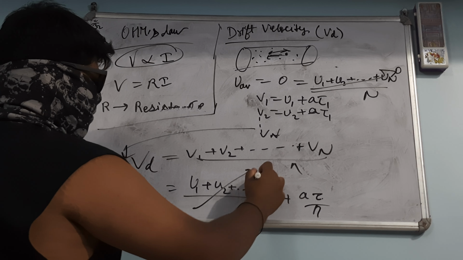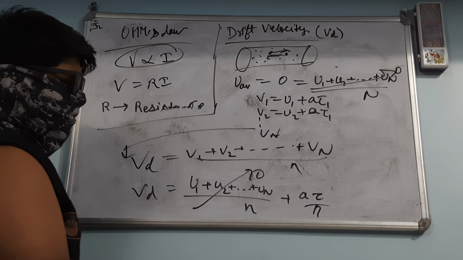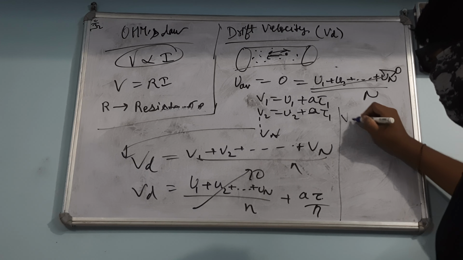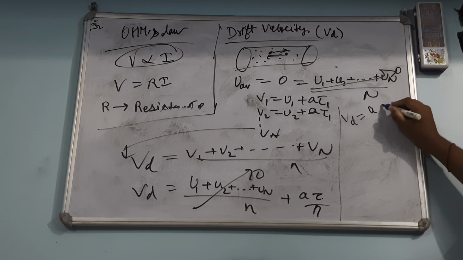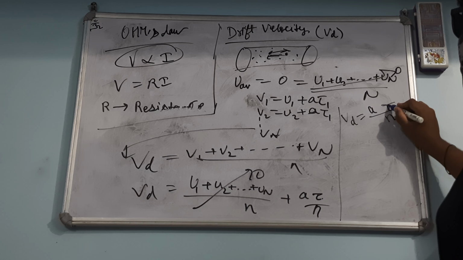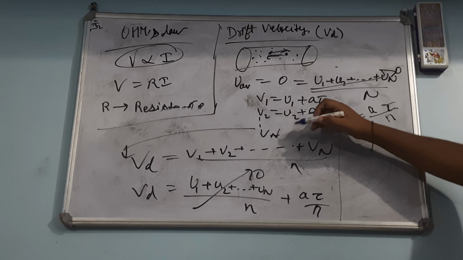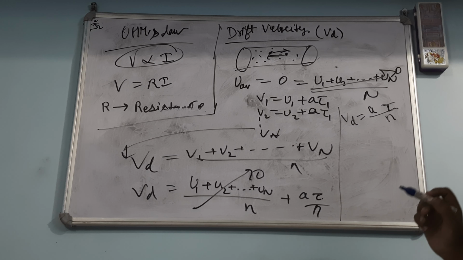So this is 0. So we get drift velocity is equal to acceleration into time, tau, where n is the number of electrons present in the conductor, because it is the speed of the first particle, second particle, till the nth particle.